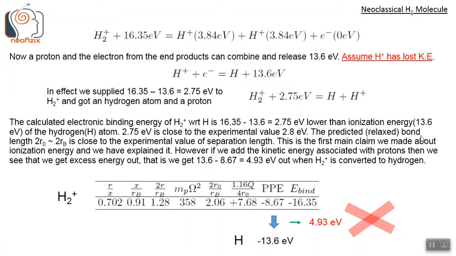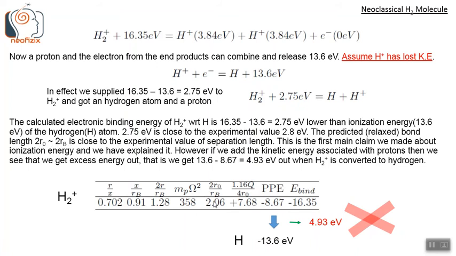The predicted relaxed bond length 2R0 is equal to 2Rb. So this is what we find in the experiment, that 2R0 separation length is nearly twice the Bohr radius. This is close to the experimental value of separation length. So we actually find 2.06 Rb, and experimentally it has been found to be 2 Rb.